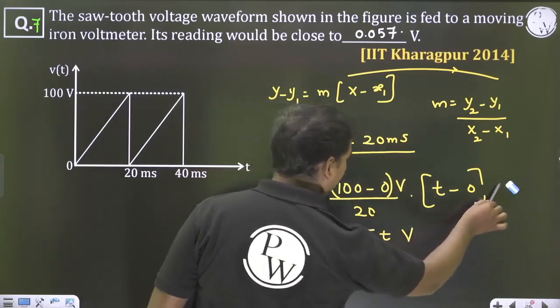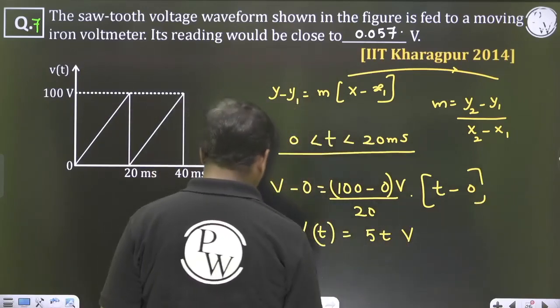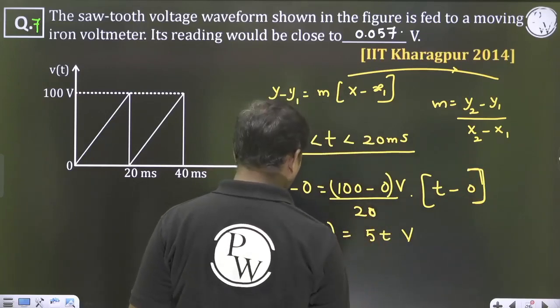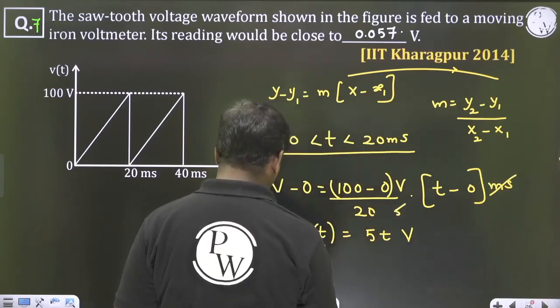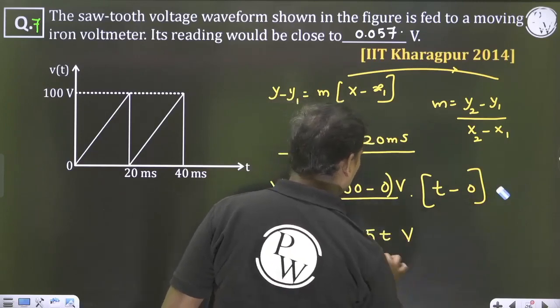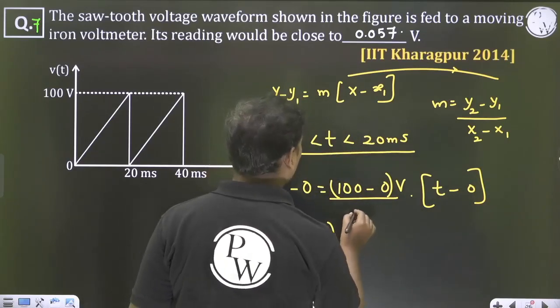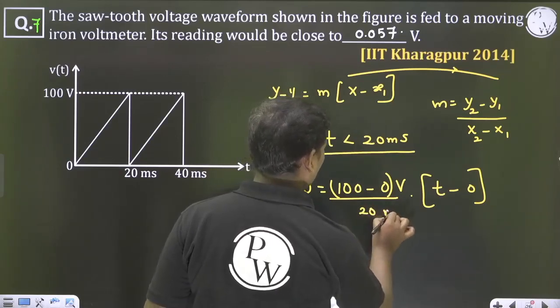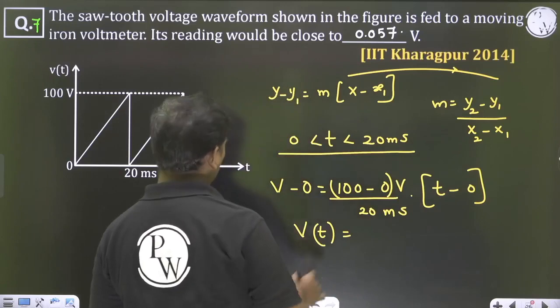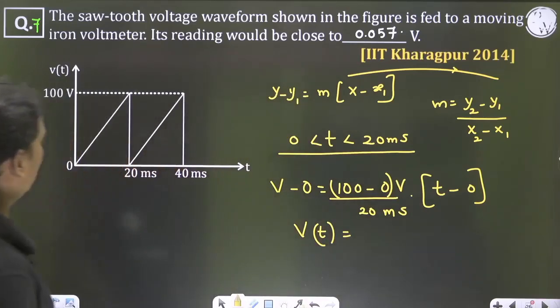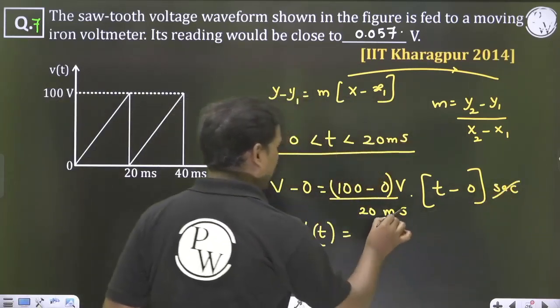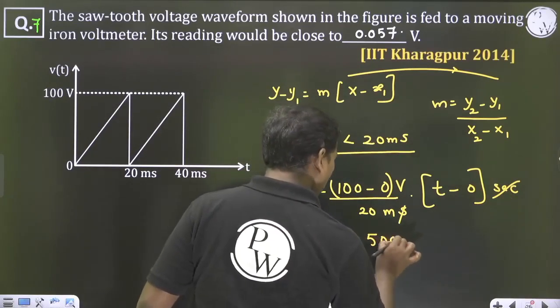Yes, some simple mistake we have done. t minus 0 is 20 milliseconds, which we can take as 0.02 seconds. Now the seconds cancel, so we get 5000 t here.